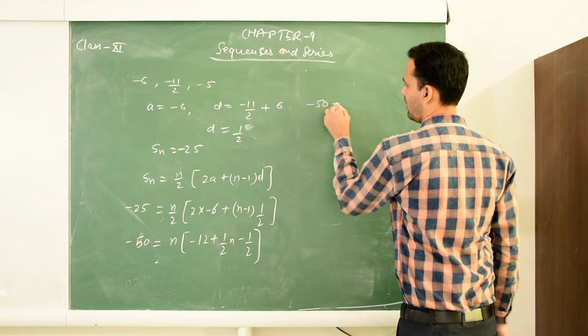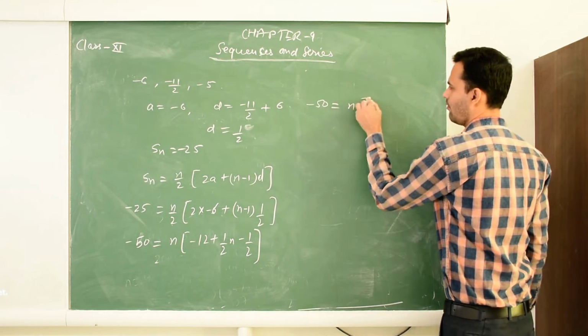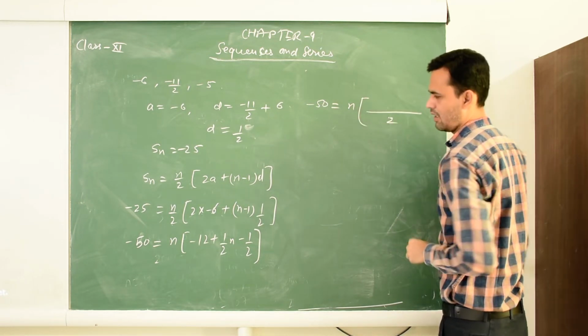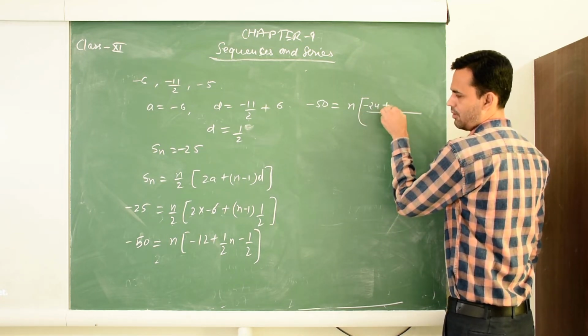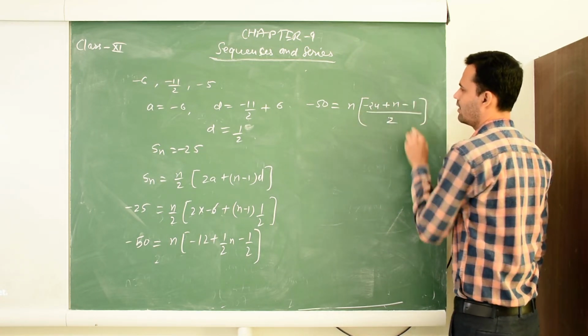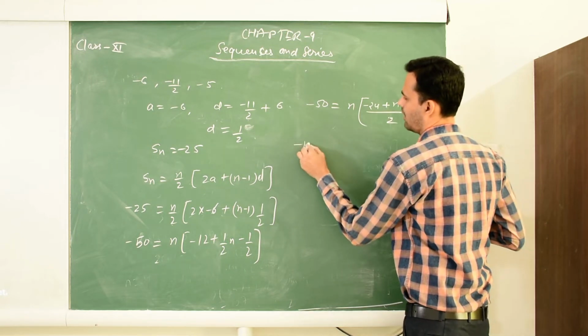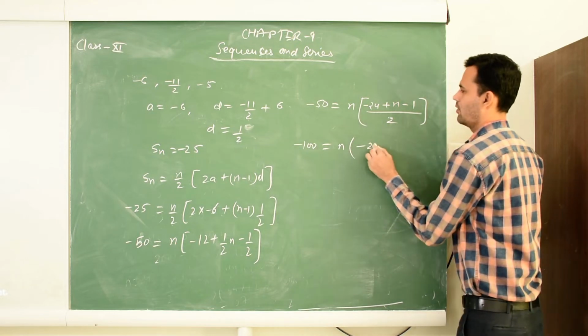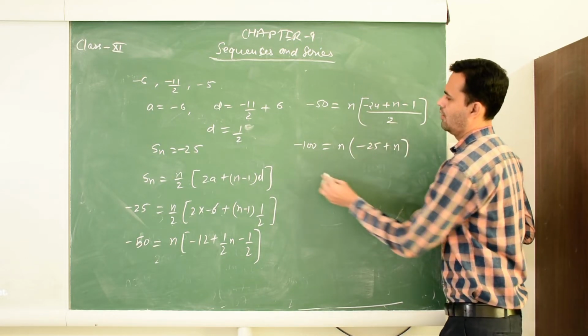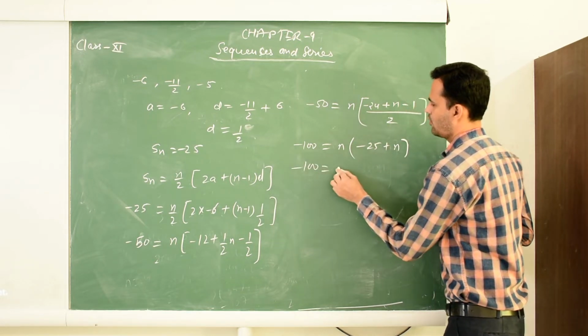So minus 50 equals n into (minus 24 plus n minus 1), with 2 as LCM. This is minus 100 equals n into (n minus 25).